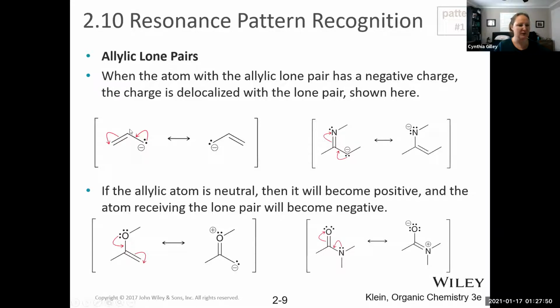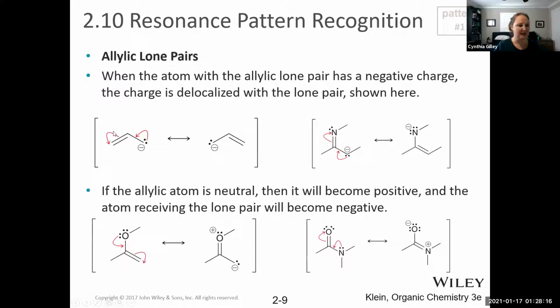But in order to avoid exceeding the octet on this carbon, which by the way has one hydrogen atom attached to it, we need to simultaneously move electrons away from this carbon using a second curved arrow. The second curved arrow starts on the pi bond. So when you have a double bond, we're moving the pi electrons, or the electrons in the p orbitals, not the sigma bond.